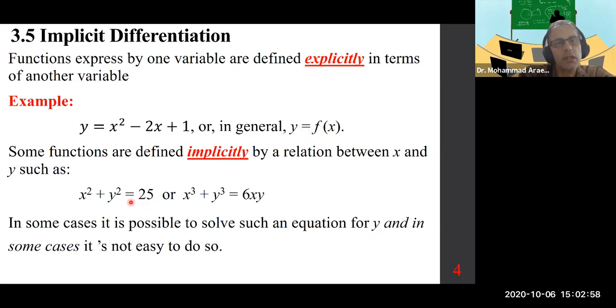However, if you look at this case, or this case, those are known as implicit functions. That means, in essence, x and y are intertwined. So sometimes it's easy to solve for y and go back to the explicit format. Sometimes it's not. That's why we need to use both methodologies.